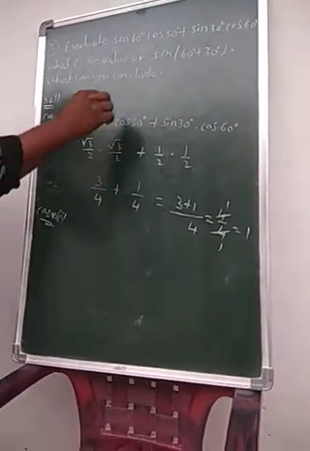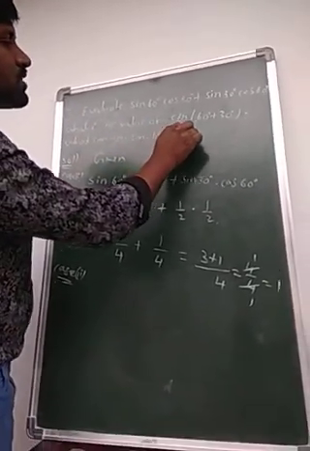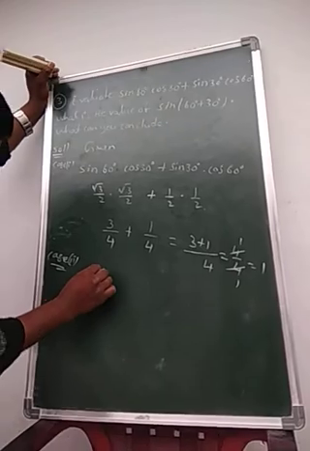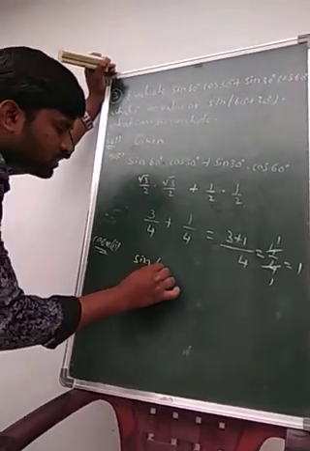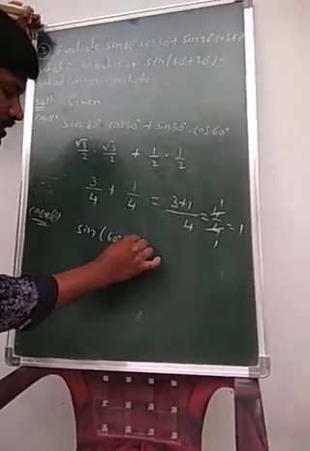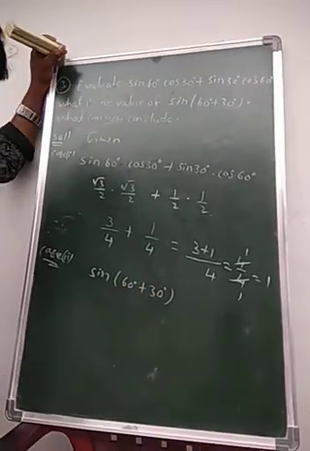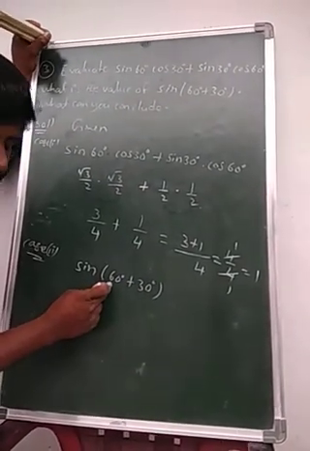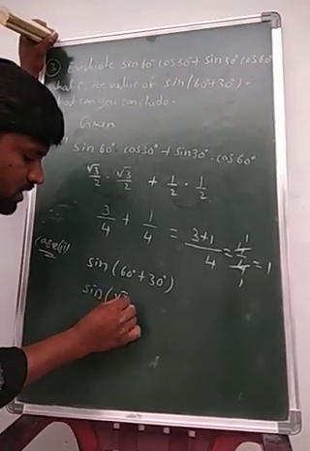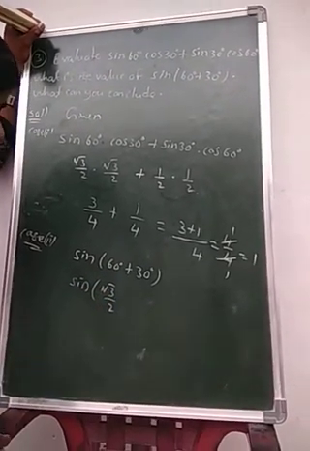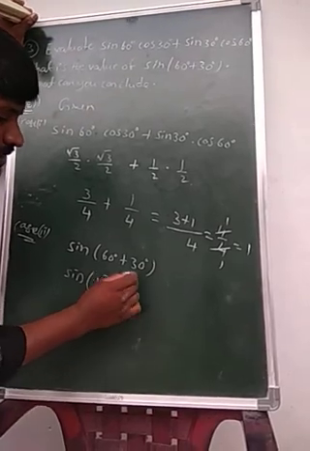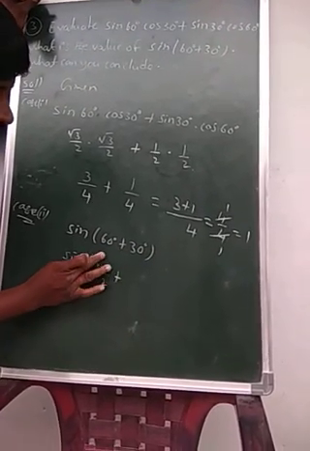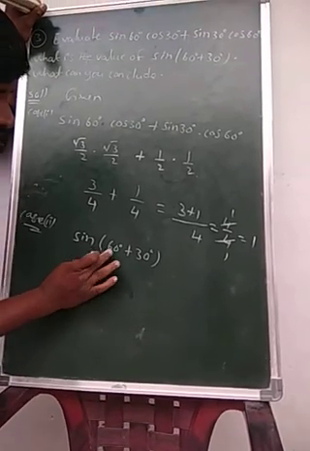Case 2, here given what is the value of sin of 60 degrees plus 30 degrees. Sin of 60 degrees plus 30 degrees. Now sin 60 degrees means the value is root 3 by 2. Okay, plus 30 degrees. So individually if we do it, what comes here?